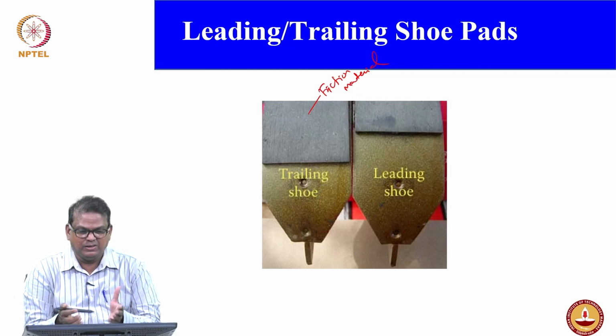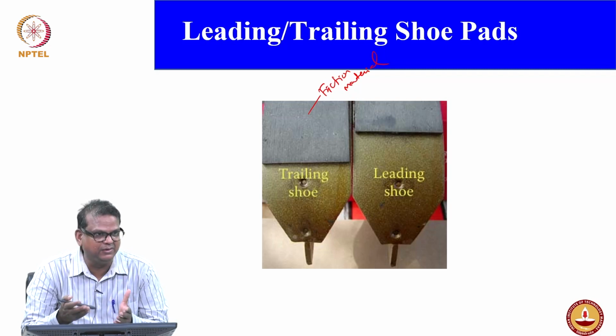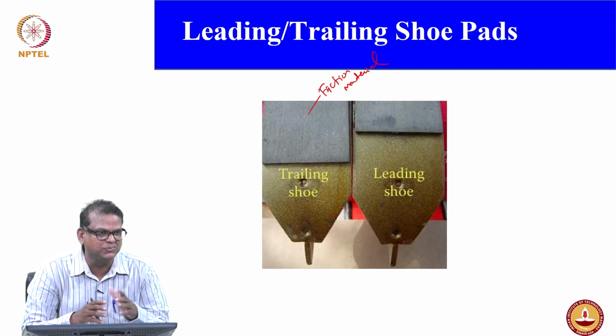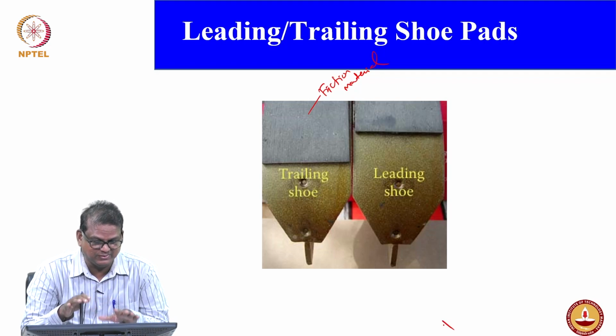So by looking at this arrangement, you can easily identify which is the leading shoe and which is the trailing shoe.